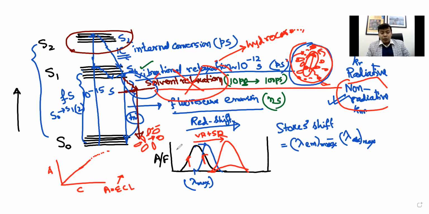So there is much more loss of energy because of solvent relaxation, extensive solvation at the excited state. And due to non-radiative processes, fluorescence will be lost. Therefore, fluorescence intensity will drop, and therefore quantum yield will be much lower.